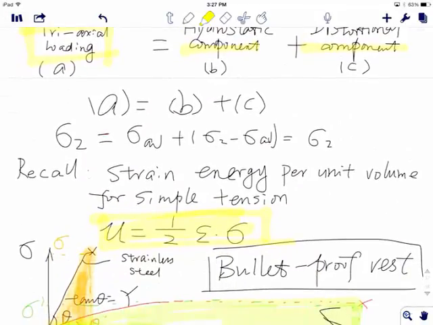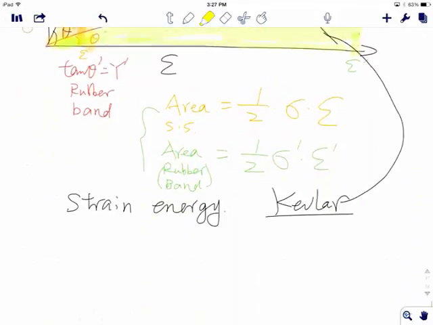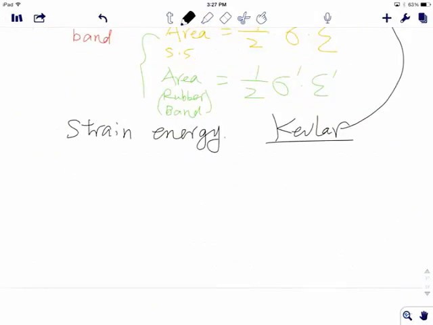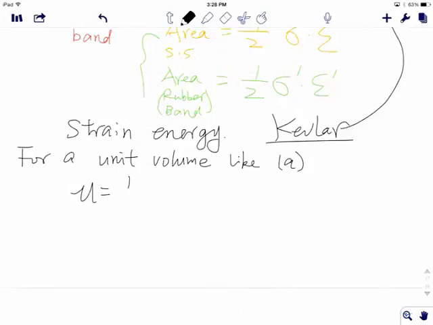When you have stress applied, of course you are storing energy into it, for a unit volume. Therefore, the strain energy is equal to one half stress times strain, plus stress and strain.